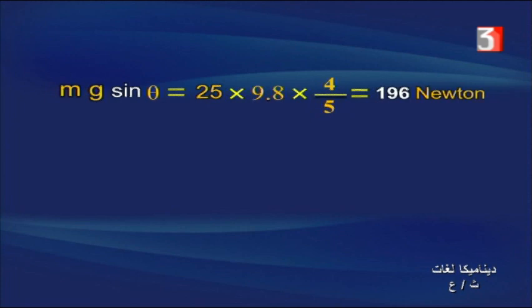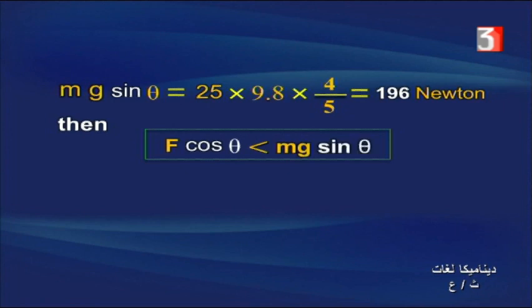Then the component of the force in the direction of the line of the greatest slope upwards, F cosine theta, is smaller than the component of the weight in the direction of the line of the greatest slope downward the plane.